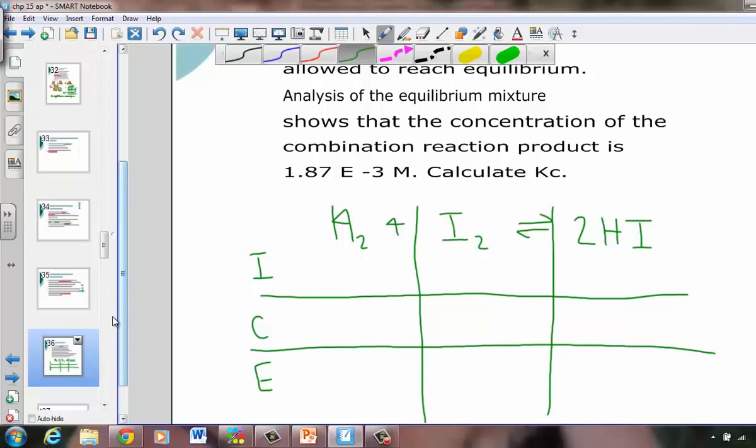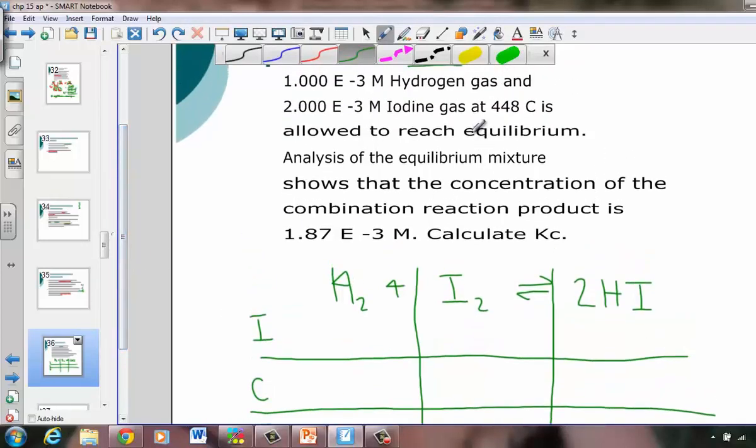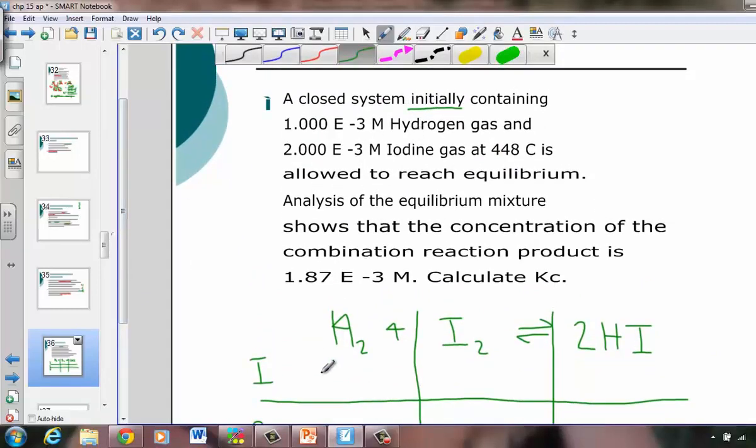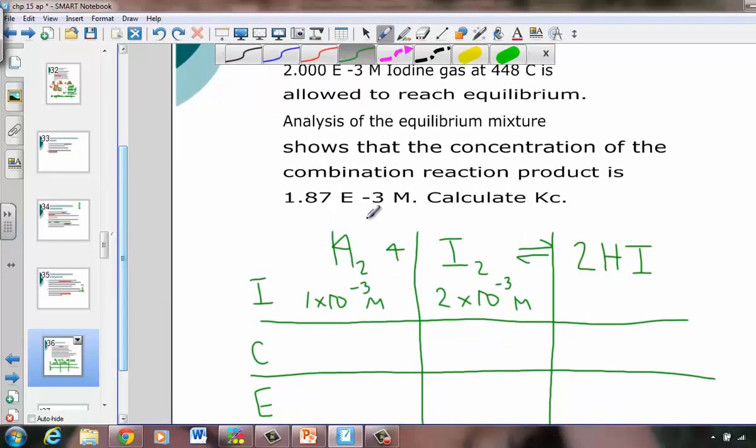We know, and very important key word, the initial concentrations of the reactants. Initially containing, so notice I'm down here at I for initial, 1 times 10 to the negative third molar unit hydrogen, 2 times 10 to the negative third molar concentration of iodine, and it's allowed to reach equilibrium, and the product concentration is given to me.